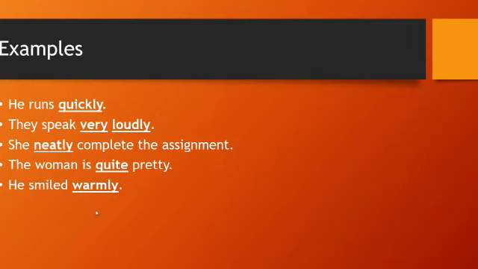Smiled is the verb. So here the adverb warmly is describing the verb smiled. I will happily assist you. Here happily is describing the assistance. मैं खुशी से आपकी मदद करूँगा. Assist is the verb and happily is the adverb.